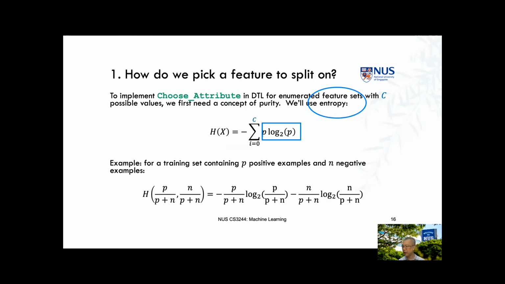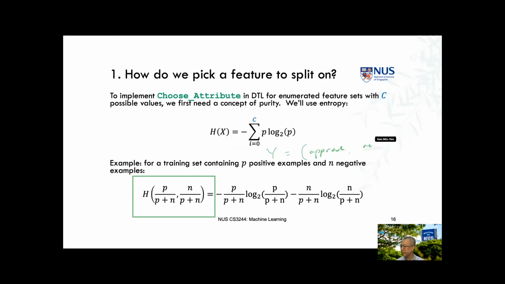In the case of having only positive and negative features, that's pretty easy. You should try to generalize this yourself to the case where you have more than 2 classes. When we talk about positive and negative here, we are of course talking about our Y values. In the case of the bank, they are approve or reject, and in the case of the restaurant, it would be stay and eat, or try another restaurant, go.